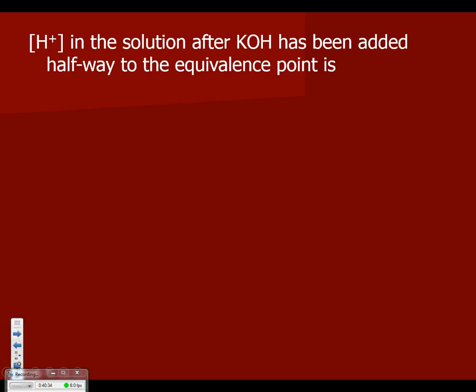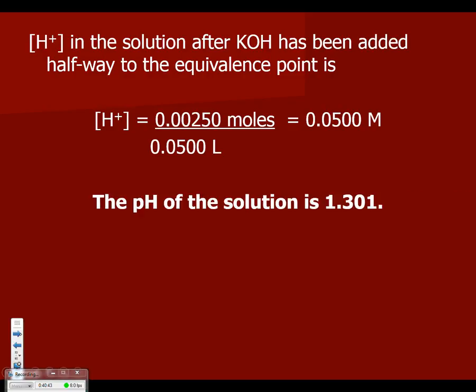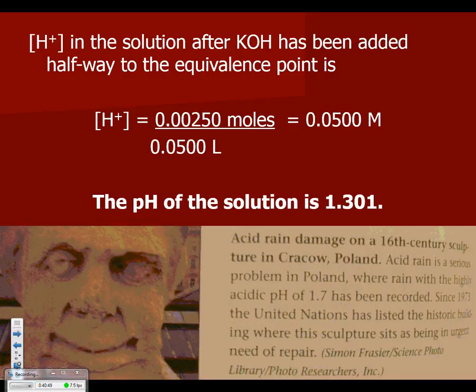Okay? So going forward, for H+ in the solution at the halfway point, the molarity becomes this. Minus the log of it, I've got the concentration as pH. Still pretty low. Just a little statue that's been damaged by acid rain.